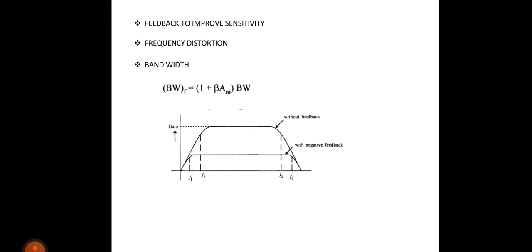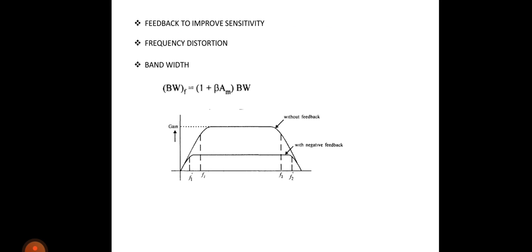Now coming to feedback to improve sensitivity: non-linearity will be improved, frequency distortion is decreased, and bandwidth is increased. With feedback the bandwidth is 1 plus A mid into beta, multiplied by the bandwidth without feedback.